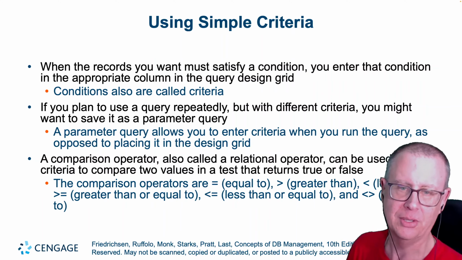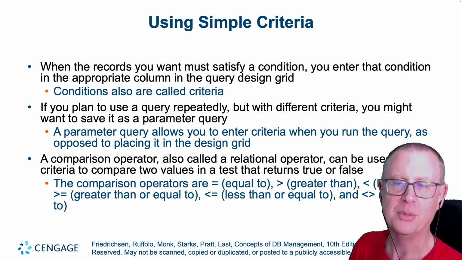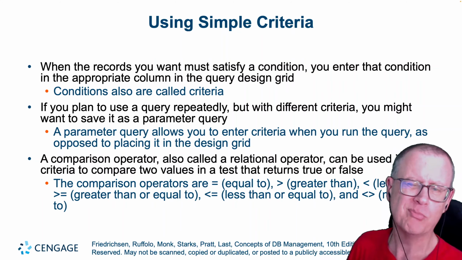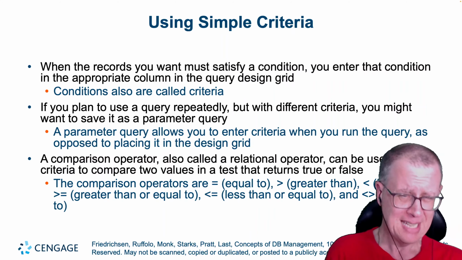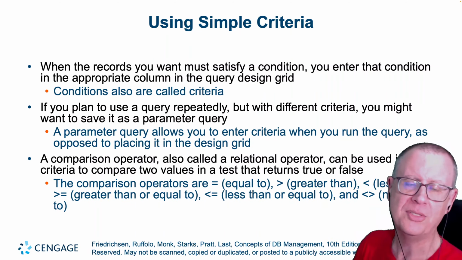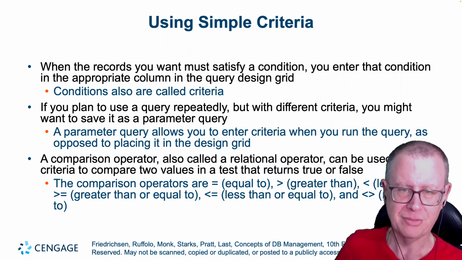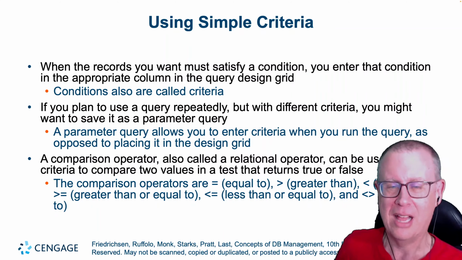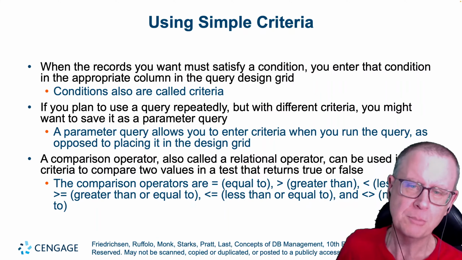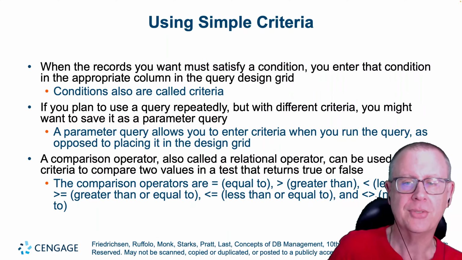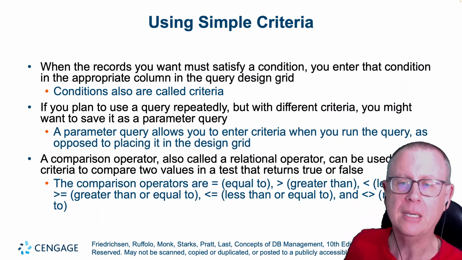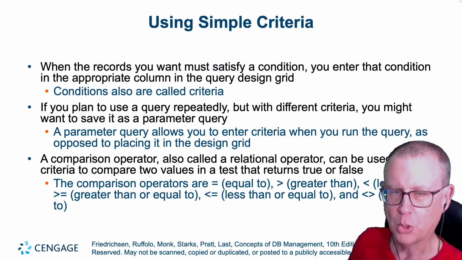That's if the value is numerical. If it's just text, then unless you're interested in alphabetical order, probably the only things you'd be interested in for a string would be equal to or not equal to.